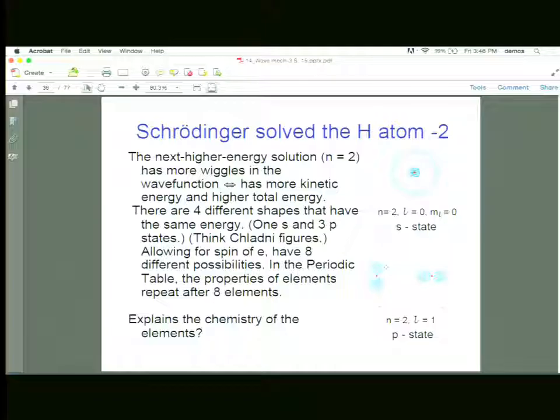Now you're going to guess what that one looks like. If that one looks like this, the next one has to be, by our thinking, a little more wavy. And sure enough, it starts out here, comes down, it's a little more wavy, it cuts the axis once, and he gets this kind of solution. When you get this correct solution, where it starts out and goes to zero at infinity, and it fits in the potential, just exactly at minus 3.4, it looks like that.